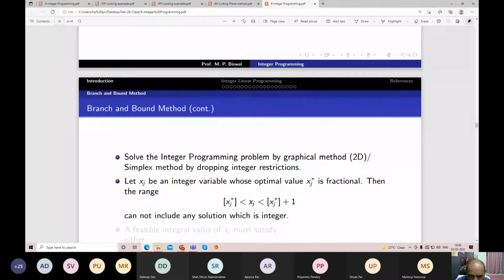And Xj greater than 1. So Xj lies between 1 and 2: Xj less than 2 and greater than 1.